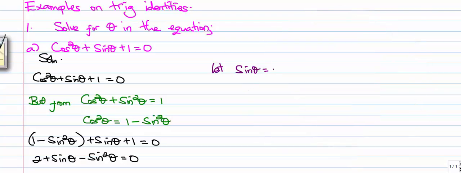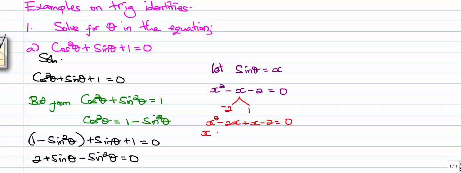And this is what we call a quadratic equation in terms of sine. If you are okay with solving a quadratic equation in terms of sine, I'll urge that you do that. However, if you are weak at that, then I'll always ask that you replace, wherever there is sine theta, with the normal x that we are used to.